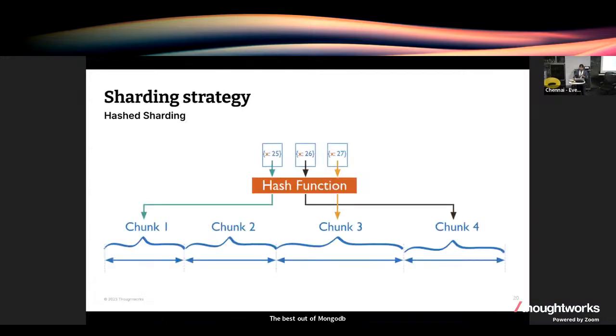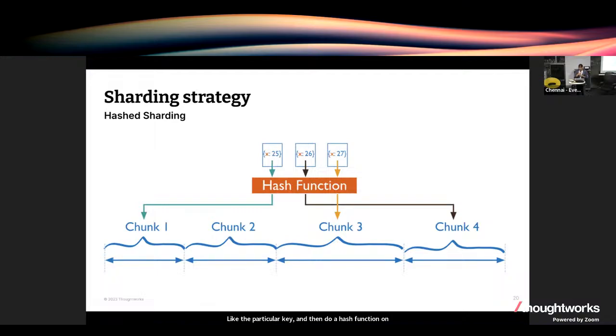So next is sharding strategies. There are three different sharding strategies, on how we can define the shard key and what we can do with it to shard. In hashed sharding, we take a particular value, the particular shard key, do a hash function on it, and then route it to a particular chunk based on the hash value.